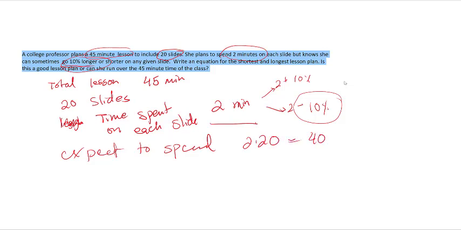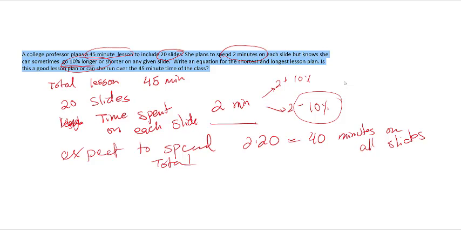Which is 40 minutes on all slides. Okay, and that is really within the 45 minutes, so that's okay, right? We expect to spend a total of 40 minutes. But we said that we might spend 10% more or we might spend 10% less.